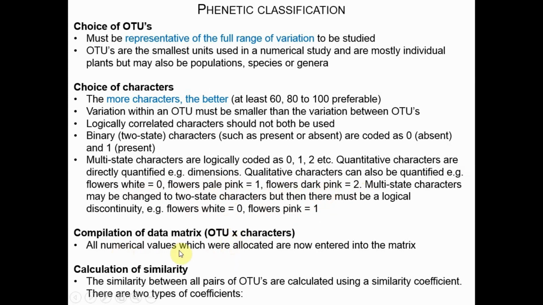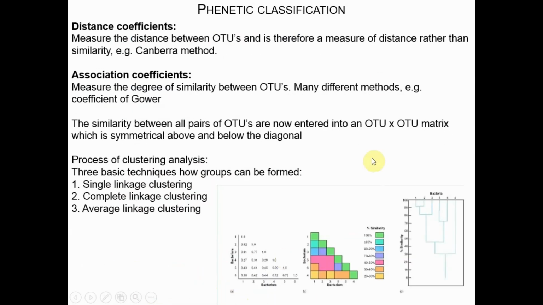The OTU matrix: all numerical values which were allocated are now entered into this OTU by character matrix. Calculation of similarity with the coefficients. We have two types, the distance coefficients and association coefficients. I don't expect you to know the details of these, so don't worry too much about this.